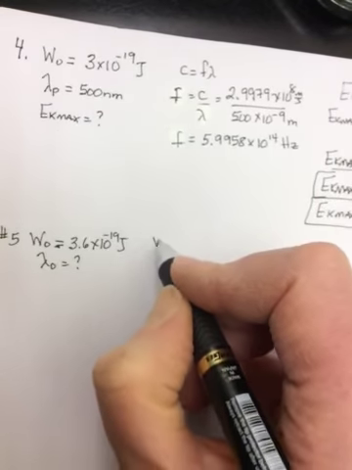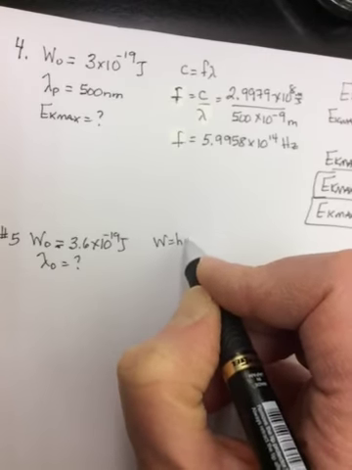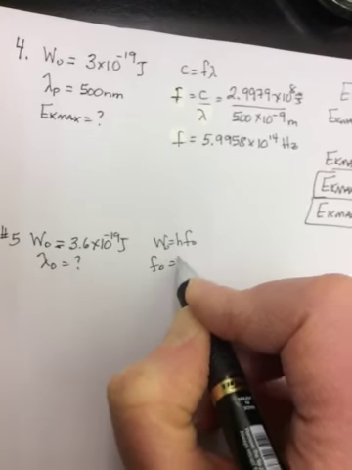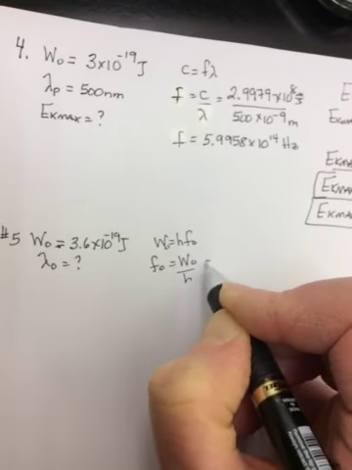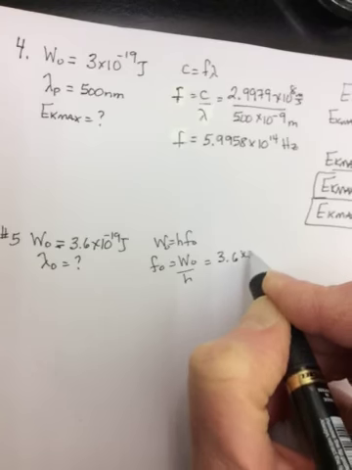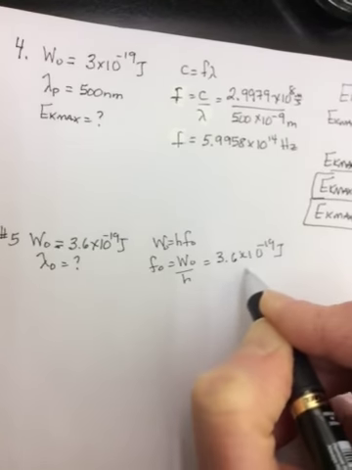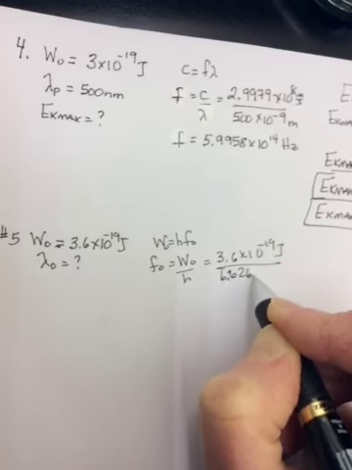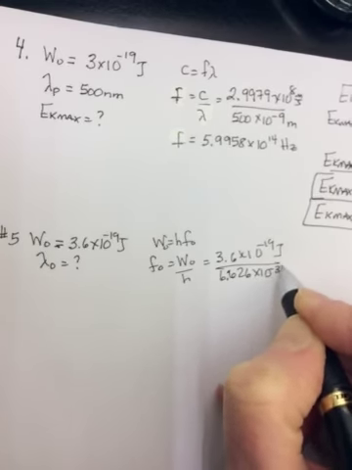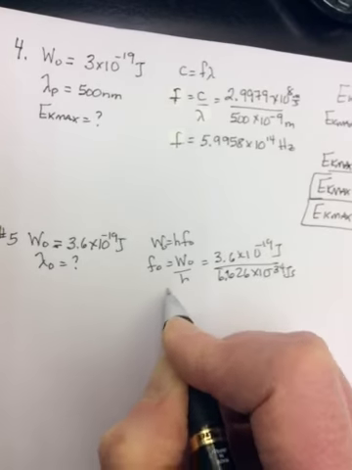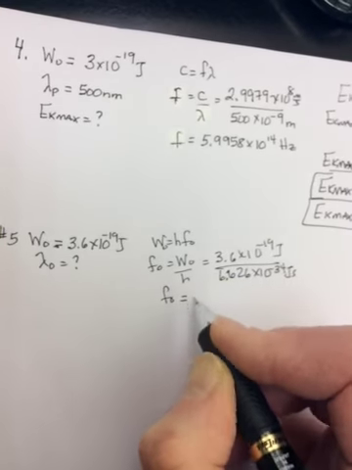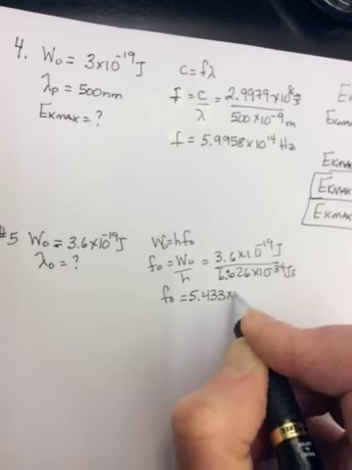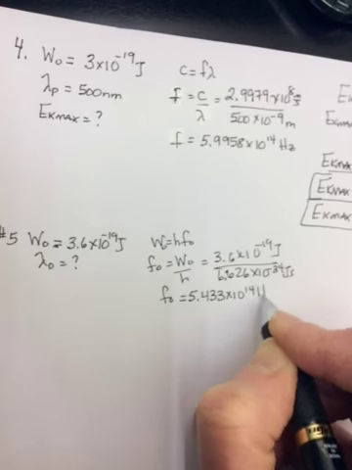So our first step is we can find the frequency, because WO is equal to HFO. So FO is equal to WO over H. So this 3.6 times 10 to the negative 19 joules divided by 6.626 times 10 to the negative 34 joule seconds, and you will get an FO of 5.433 times 10 to the 14th hertz.